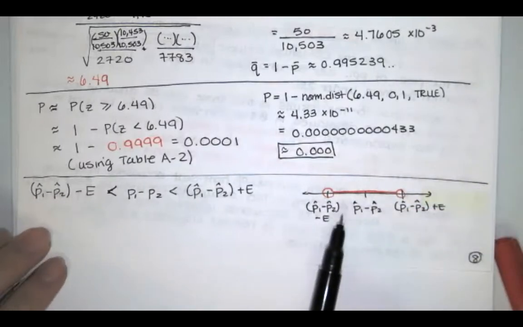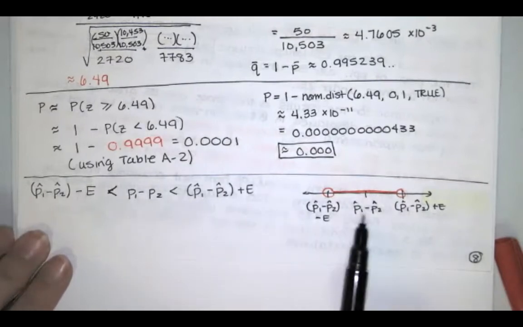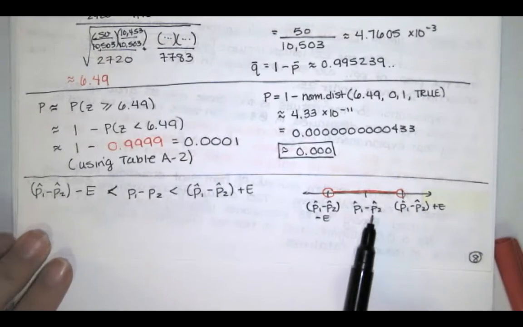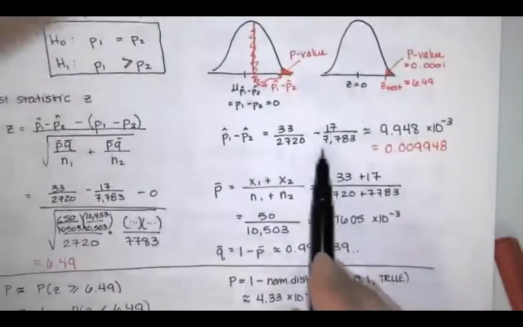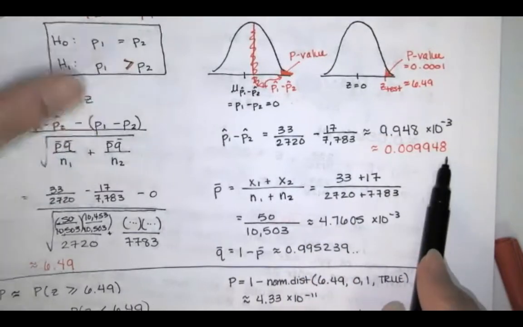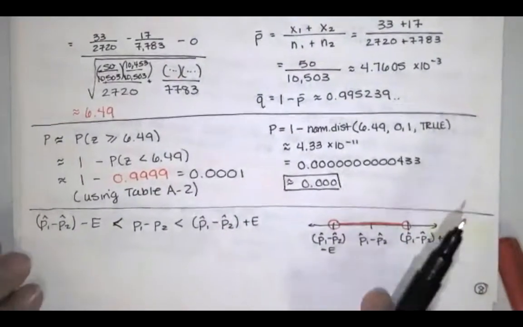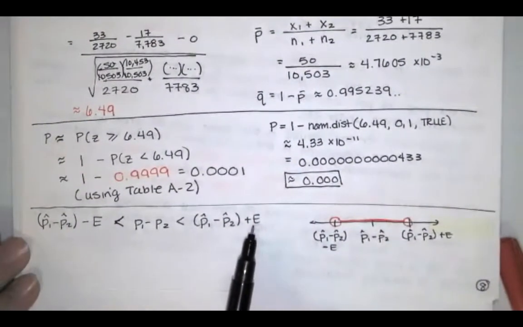Now the center of the confidence interval is our best point estimate of P1 minus P2, which is P1 hat minus P2 hat. We've already computed that. P1 hat minus P2 hat is this value minus this value, which is equal to this. It's approximately equal to this. That's in the middle.